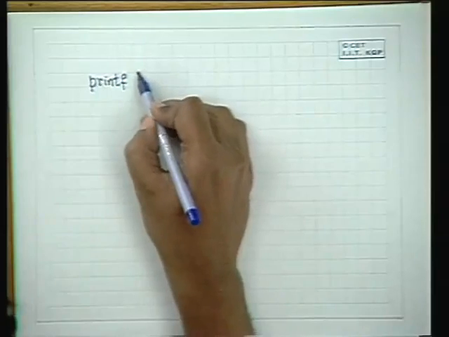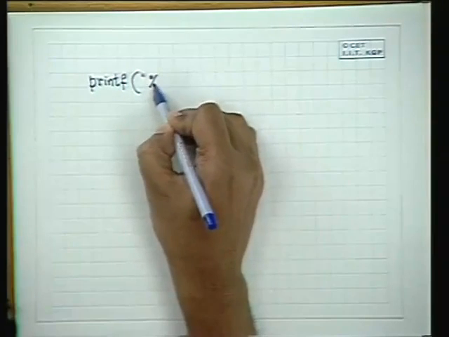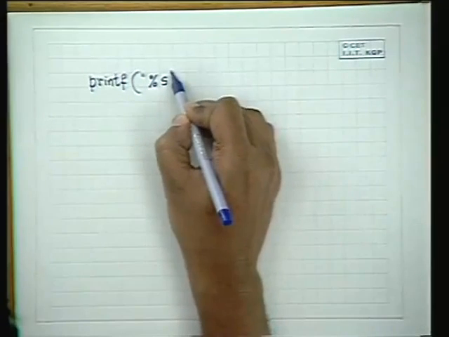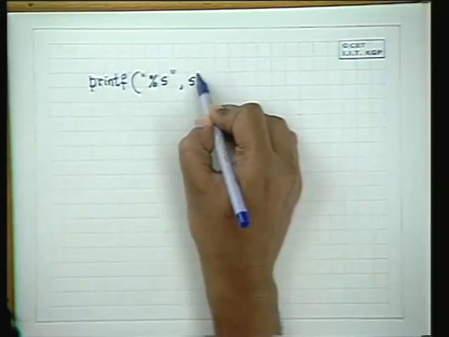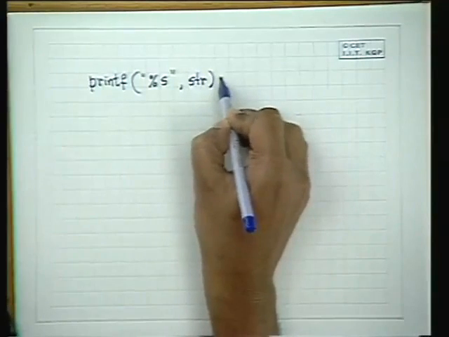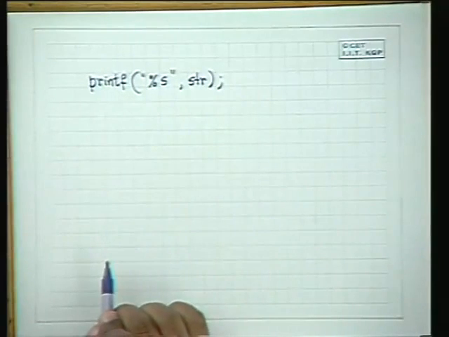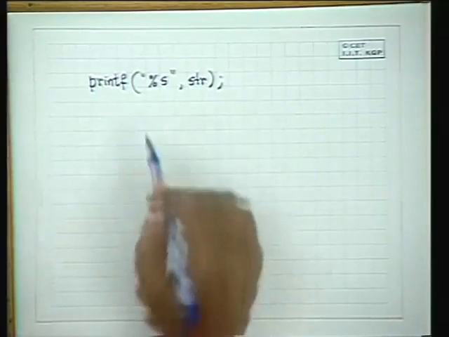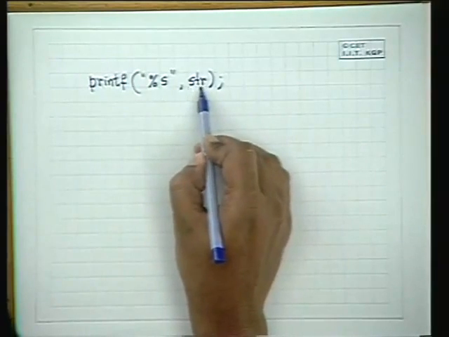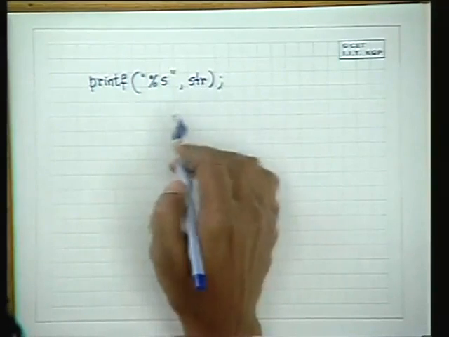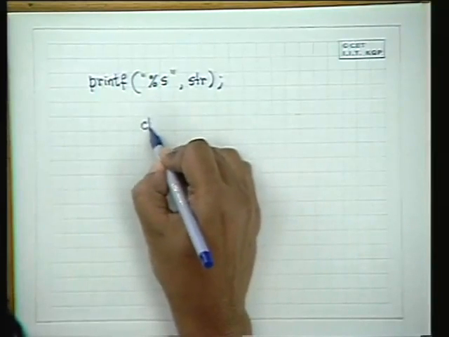Printf %s, again you just give the string, it will print the string, but it will print a string which is whatever address you give. This must be defined as a character array.